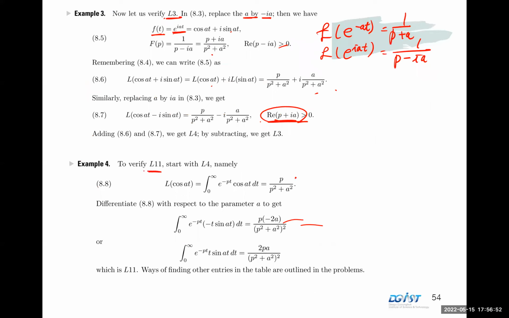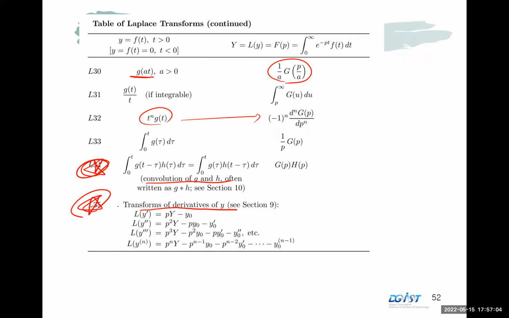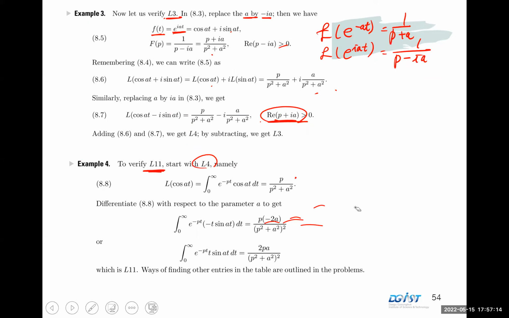And we want to derive L11 starting from L4. The L11 is this one, T multiplied by sin AT. So now we have the Laplace transform of cosine AT in this form.